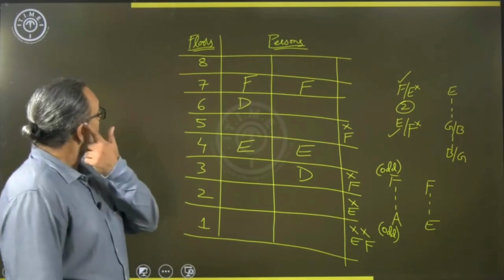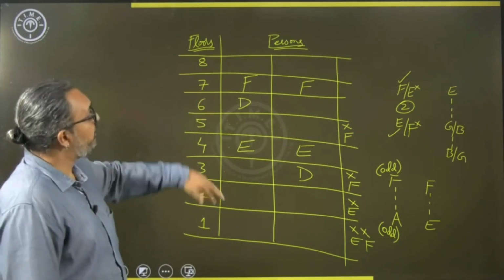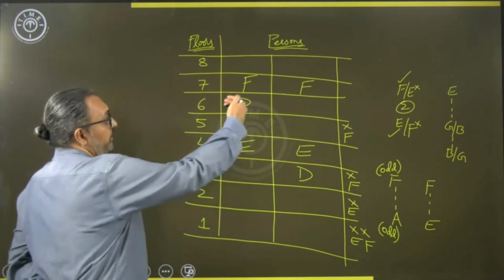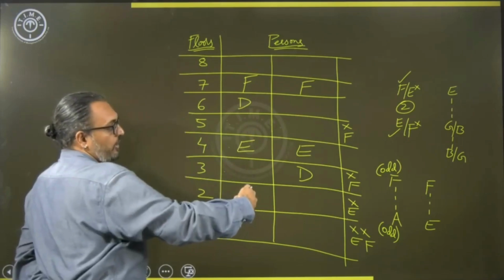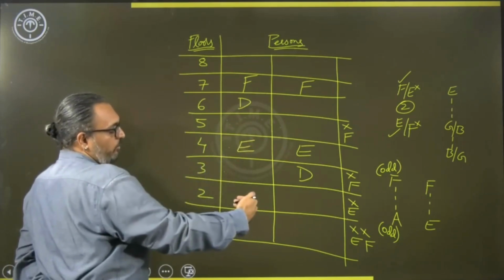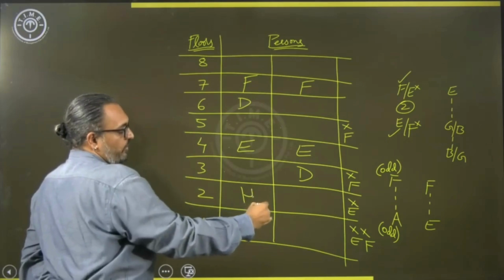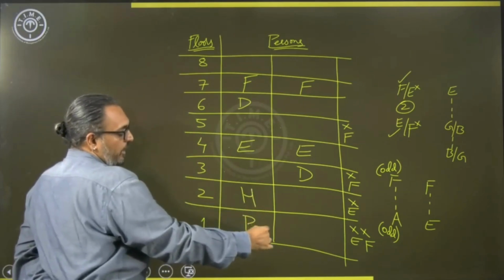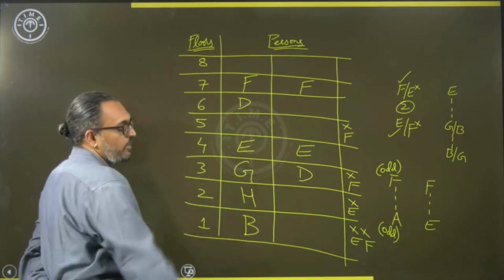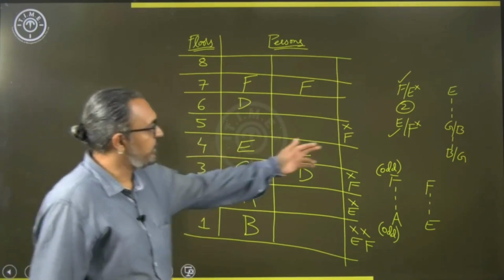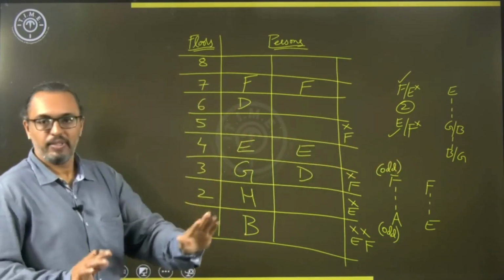See, below D only you need H now, and the only even number available below D is 2. So H here, I can have B here, and then I can have G here in the 3rd, such that both G and B are below E, correct?